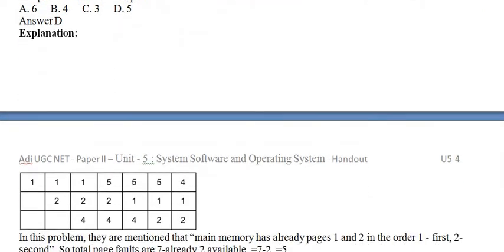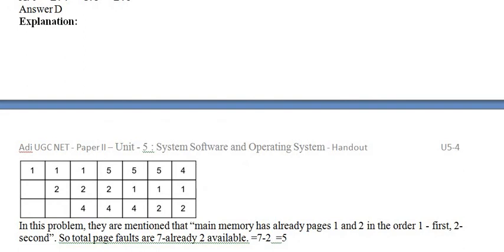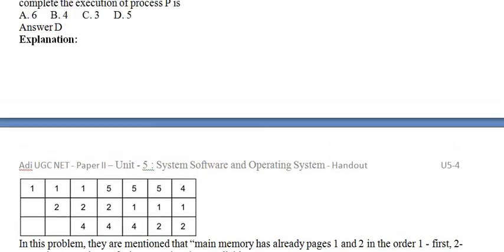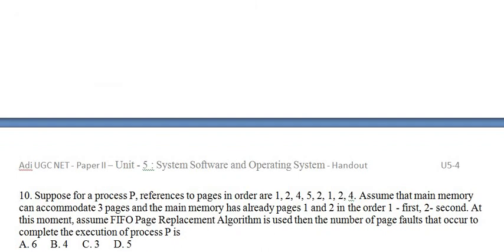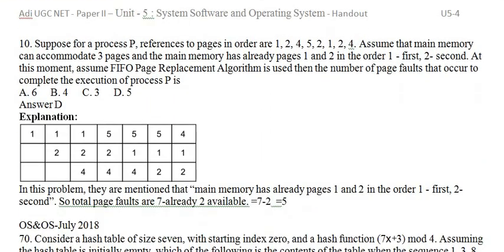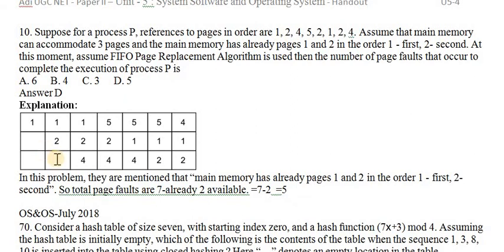Okay, so now we want to go for placing such data here. Initially 1 is filled and 2 is filled in the second page frame. They say that 1 and 2 are already filled, so we should not take that as a page fault.